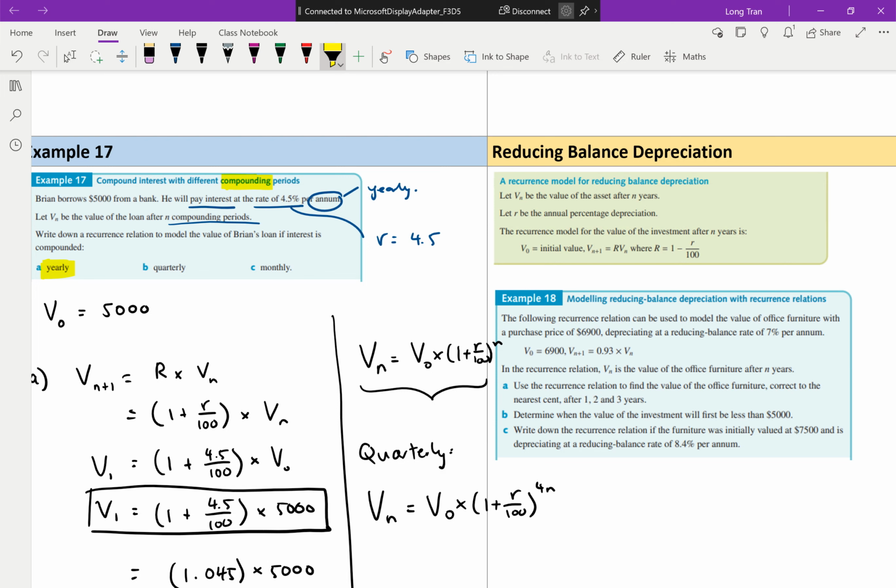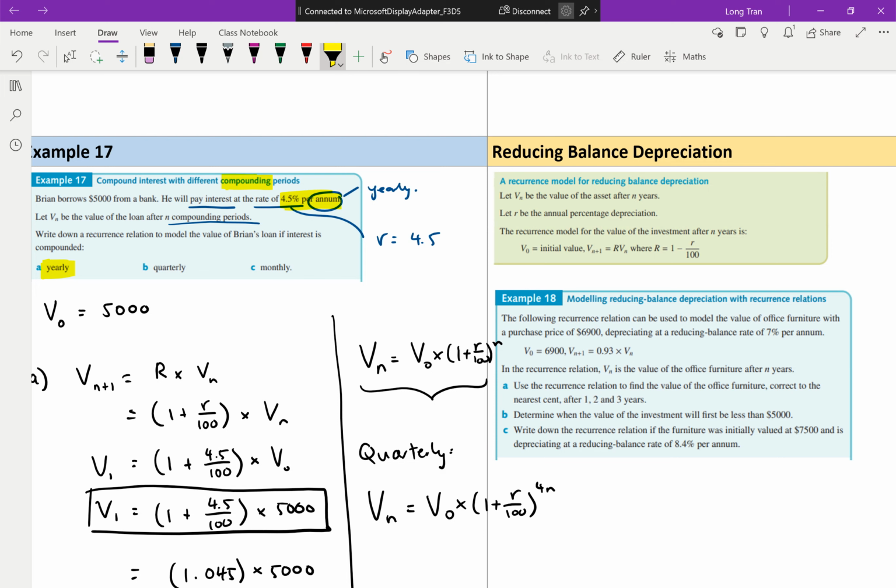Notice when they said here, 4.5% per annum. So that means you only get charged 4.5% in total after 1 year. So if 1 year it's 4.5%, then in terms of months, how do you calculate how much of a percentage it should be per month? Divided by 12.